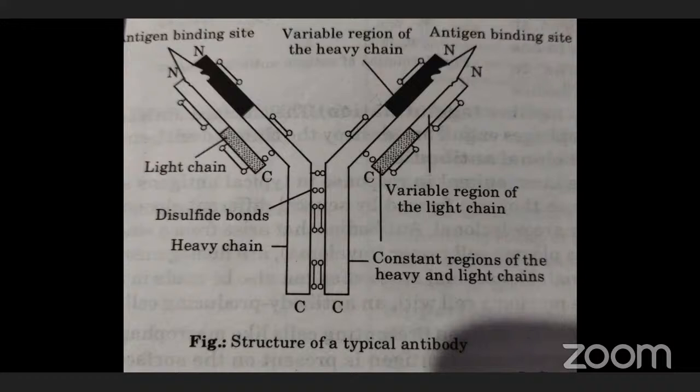That is also important. What is the meaning of valency? Valency means the number of epitopes present in an antigen, not the number of antigens.